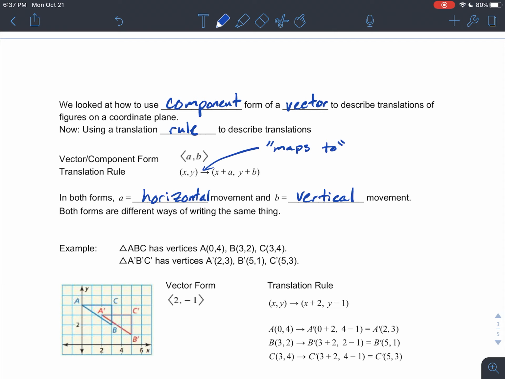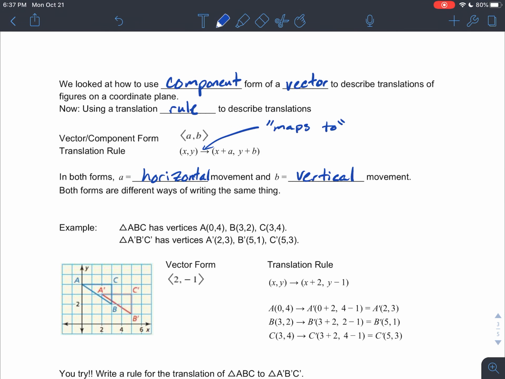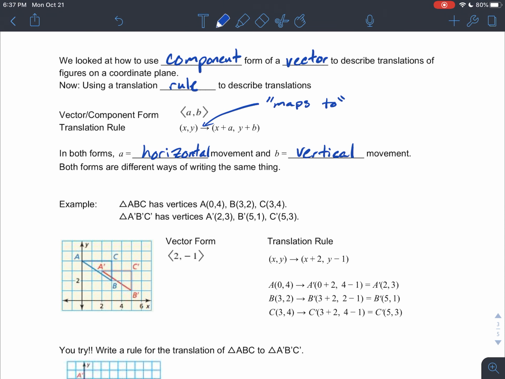I tend to think that vector notation is easier at first. However, the other transformations all use the rule notation. There's no corresponding vector notation that goes with the other transformations. So you need to know it, and it's really not that bad to use the translation rule. So for example, if point A is at 0, 4 and A prime is at 2, 3.